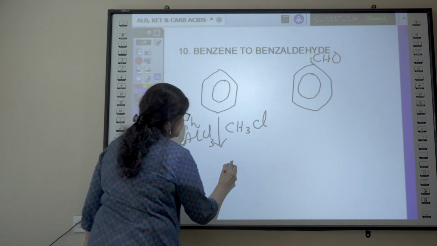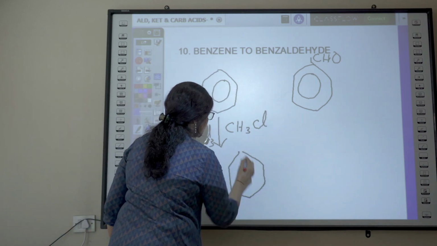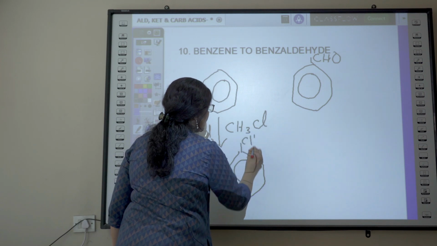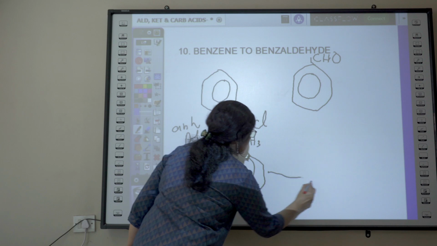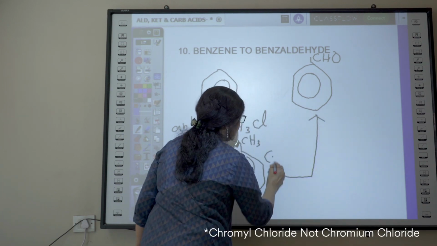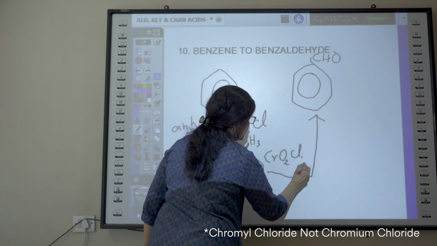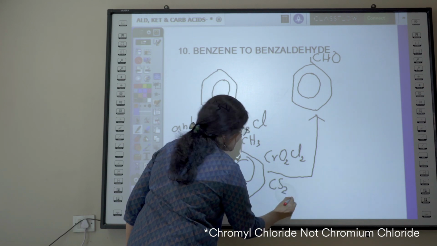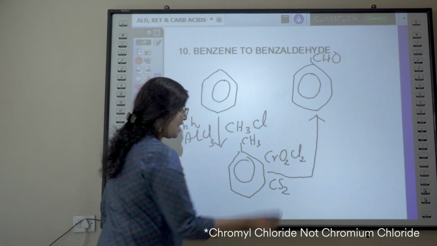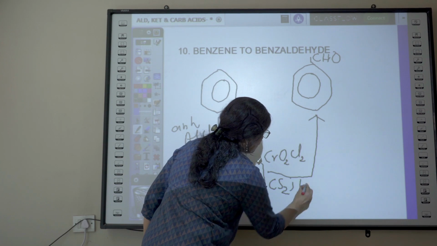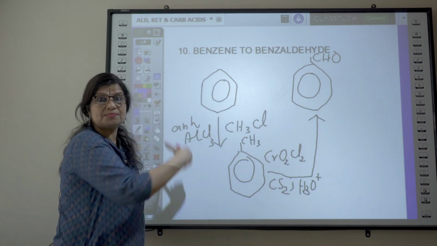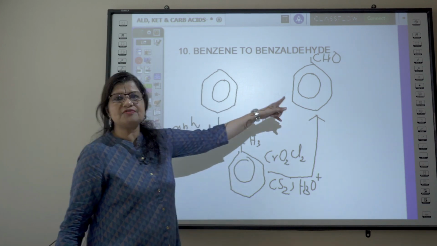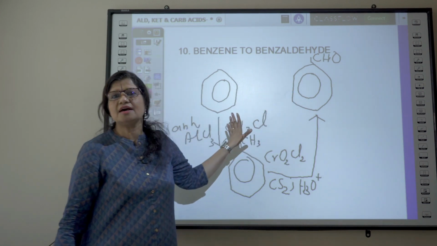You get toluene. Once you get toluene, you can subject toluene to Etard reaction by reacting it with chromyl chloride, CrO2Cl2, in the presence of carbon disulfide or carbon tetrachloride, and subjecting it to hydrolysis. You first get a chromium complex which is subjected to hydrolysis to finally give you benzaldehyde, Etard reaction.